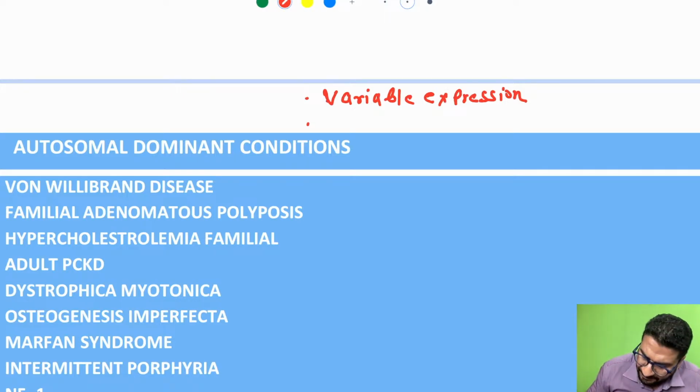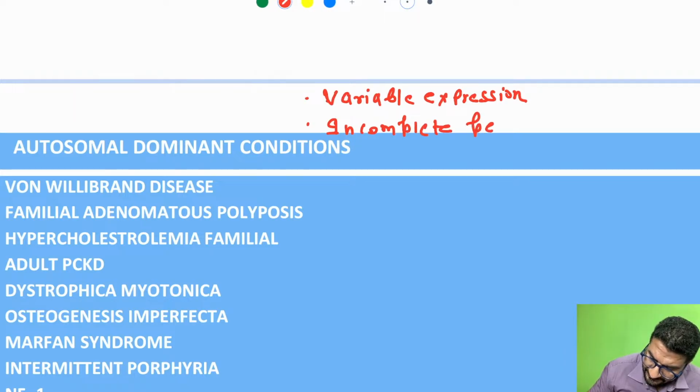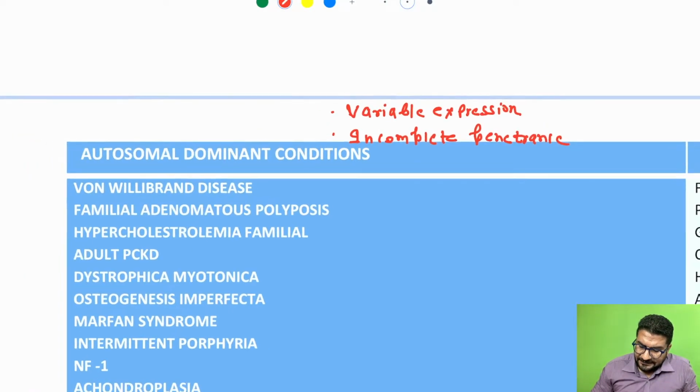Second is incomplete penetrance. Incomplete penetrance means two people have the same disease but in one person the disease did not penetrate at all, so that person is absolutely normal, with no symptoms at all. Now understand.